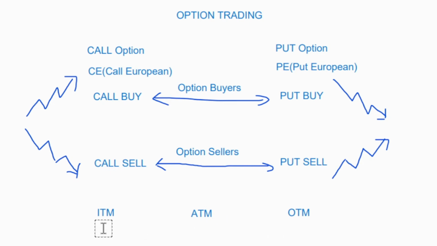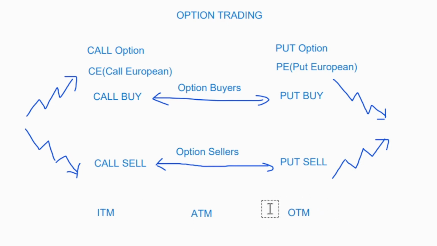What is ITM? ITM is in the money, ATM is at the money, OTM is out of the money. In the last series we studied which strike prices come under ITM, ATM, and OTM. We should take trades on ITM for the safer side, and ATM.